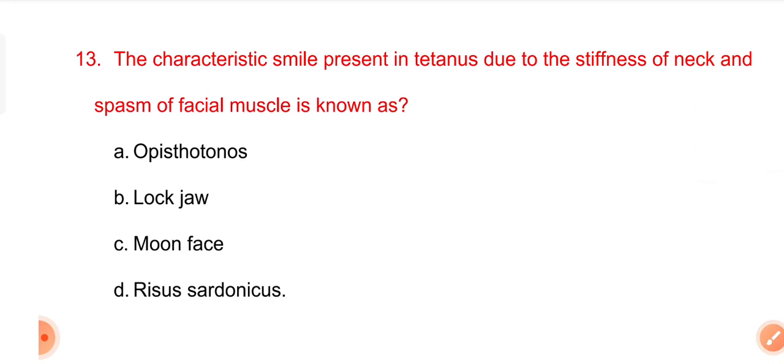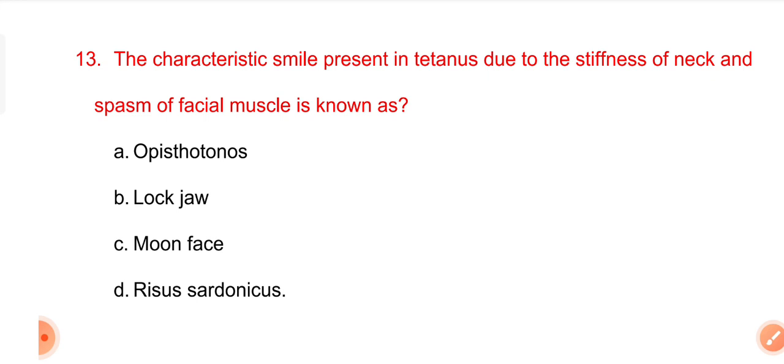The next question is: the characteristic smile present in tetanus, due to stiffness of the neck and spasm of the facial muscle, is known as? When a person has a tetanus infection, they will have stiffness of the neck and spasm of the facial muscle. Spasm means there is no movement of the facial muscle.